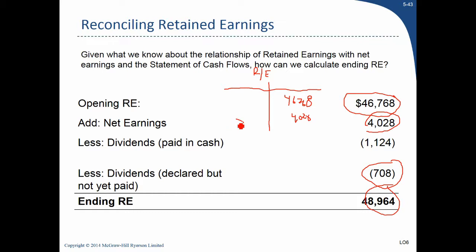We know we booked an entry for $708, and then we know that our ending balance is $48,964. Notice what side of the T account I'm on. I'm on the right side, right? That's credits. The left side, I only have one entry, that's a debit, that's a dividend paid. So you know you have to have another dividend paid for X. So you solve for X and you'll see that X has to be $11.24.